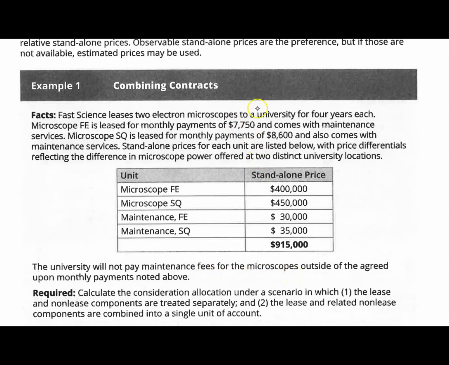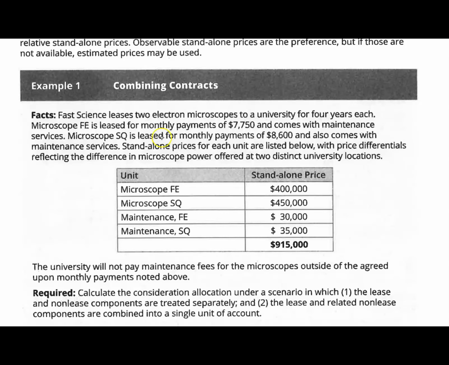They will just pay the monthly installment. For one microscope it's 7,750 and for the other microscope it's 8,600, monthly for 4 years. Now the question is first whether you will combine those maintenance services to the assets or put them separately, and how we will allocate the total payment that Fast Science will receive from the university.